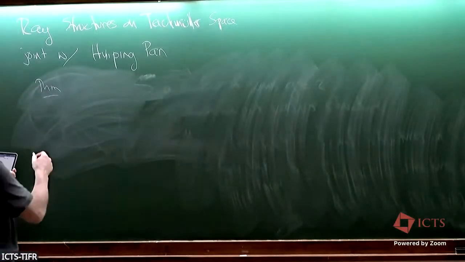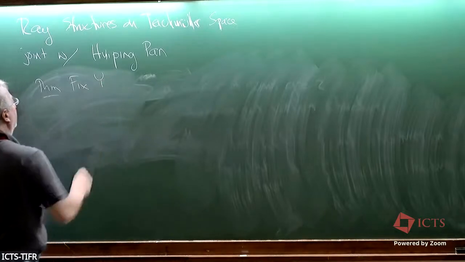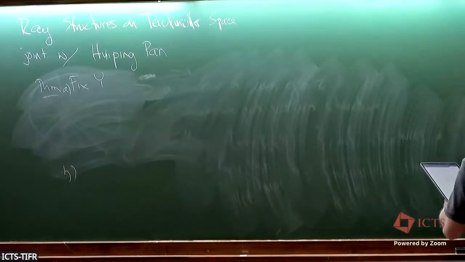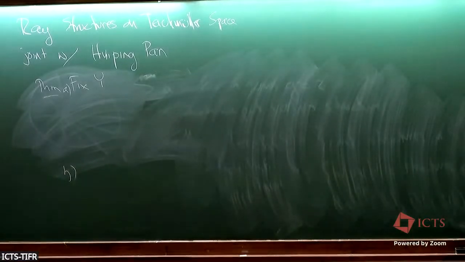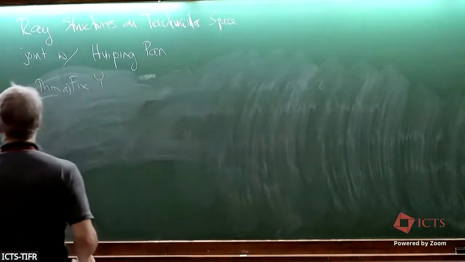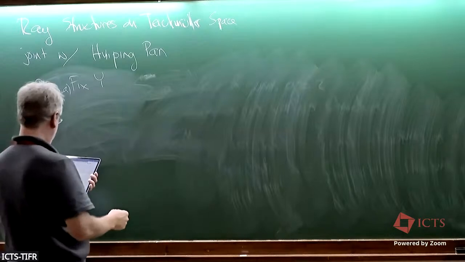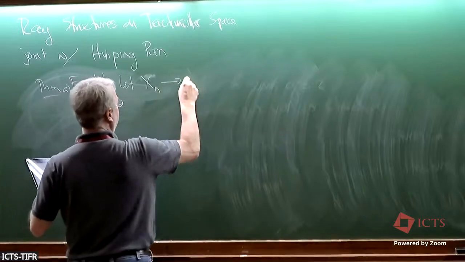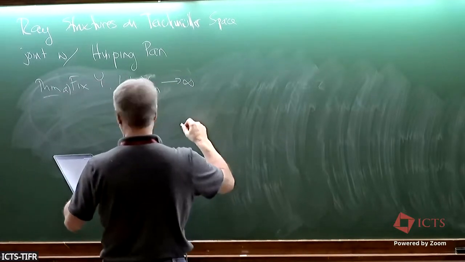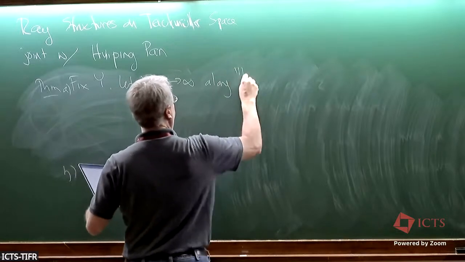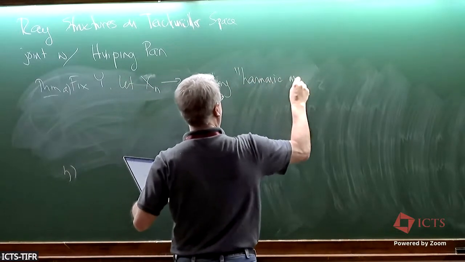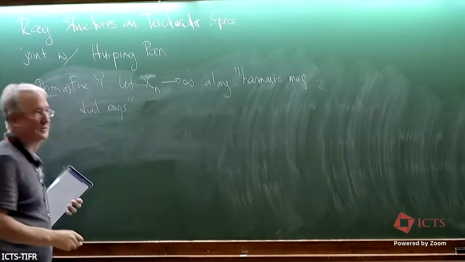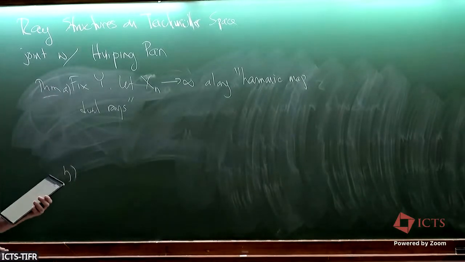There are two parts to the theorem, because I want to talk about limits going this way of harmonic maps and limits going that way. So I have two theorems. First, fix your target Y. Let X_n, the base, the domain, degenerate along harmonic map dual rays, which I have to explain. There's a natural dual ray to a harmonic map ray.